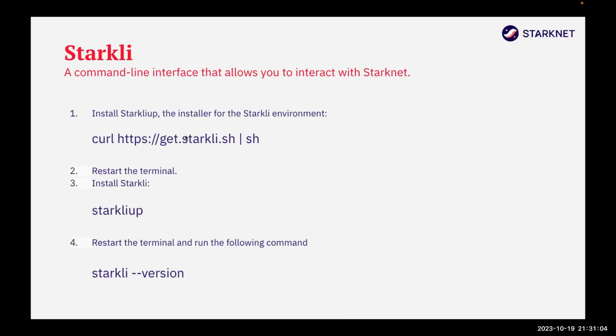First, this command will just download the installer. And running this Starknet app will install Starknet. After that, you can run the last command, starknet --version, to see the version of your Starknet, and this way you'll be sure that Starknet is already installed on your system.